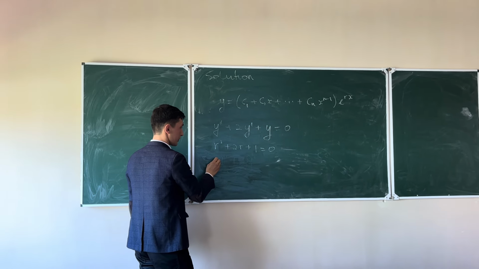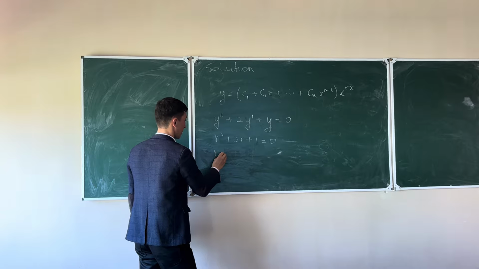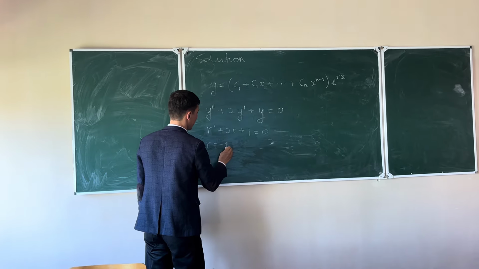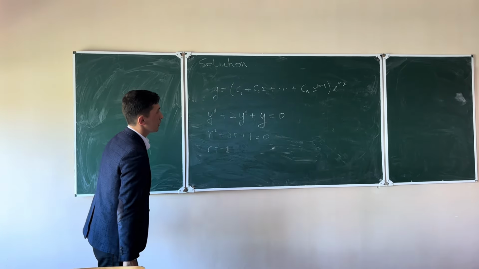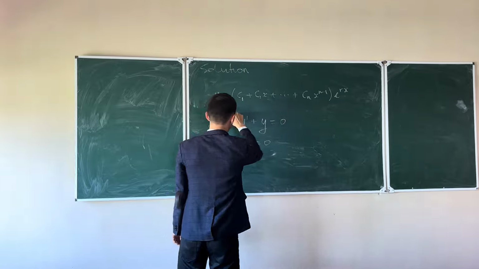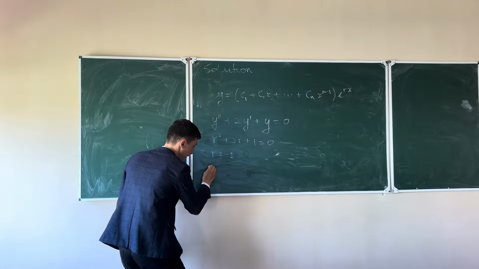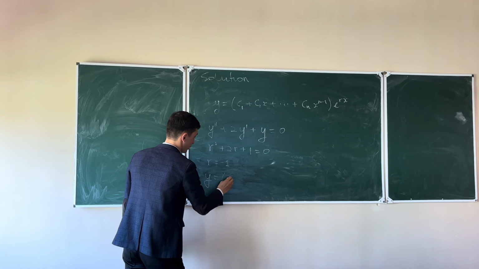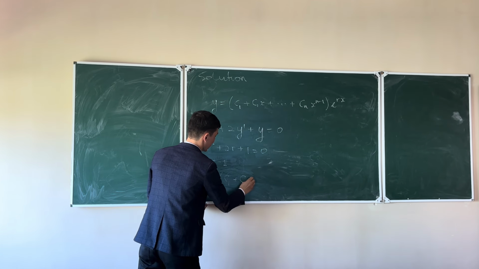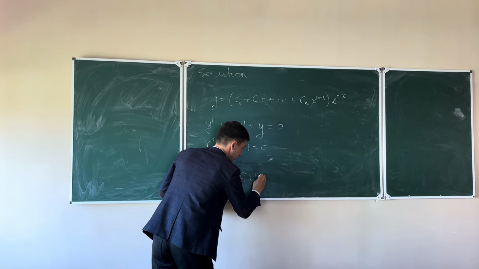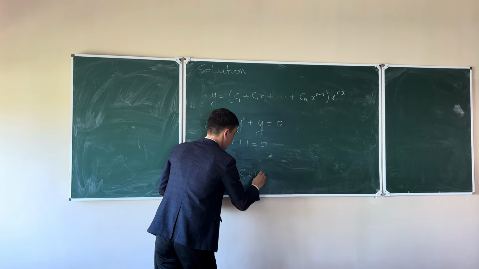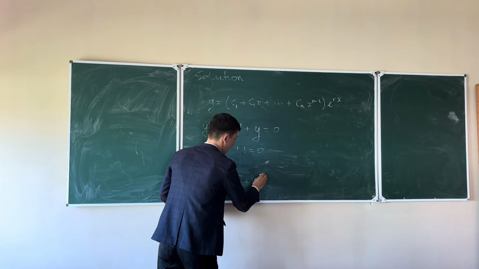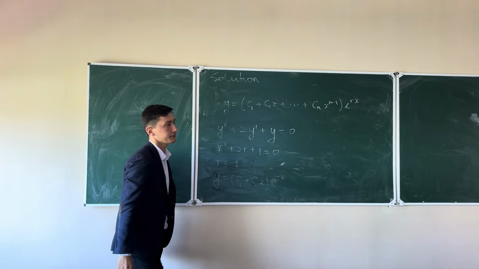And we have the repeated root, which is r is equal to minus 1. And using this, we can write the solution y is equal to C1 plus C2x times e to the power of minus x.